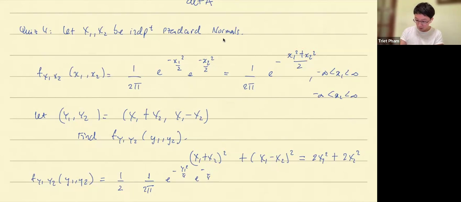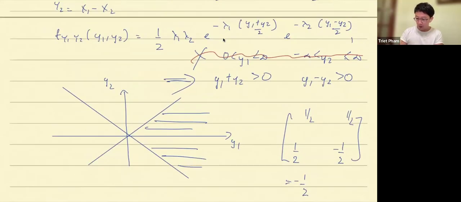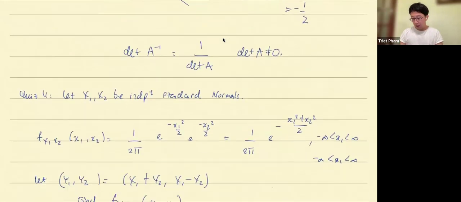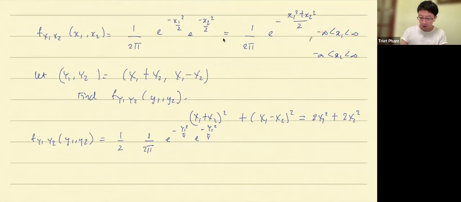Right. Now, what is the relationship between y1 and y2? Well, unlike the above result, where we needed this to happen because x1, x2 are positive, here x1, x2 are any number, right? Therefore, there's really no restriction on y1, y2. I mean, again, if you really want, you can say something like this.